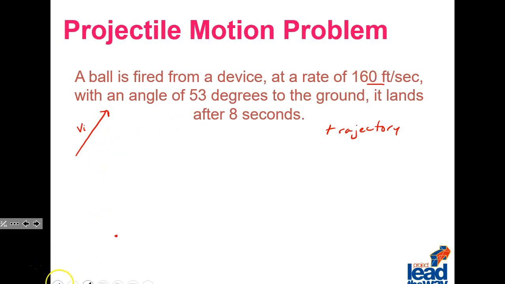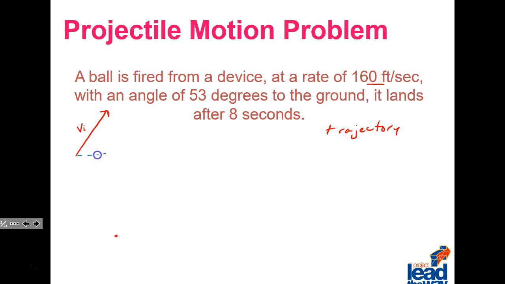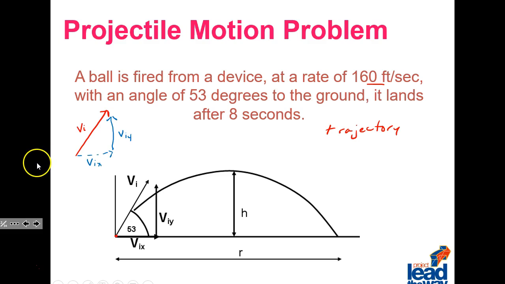But like any trajectory, or any vector that takes on an angle, it is going to have components. So we have an x component and we have a y component to our original speed or velocity. So we would call this VI in the x, and we would call this VI in the y. And you can think back to some of the things that we did with our truss problems, where we were solving for components of individual forces along members in a truss.